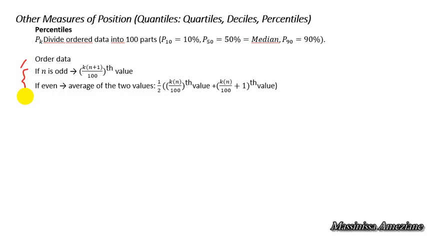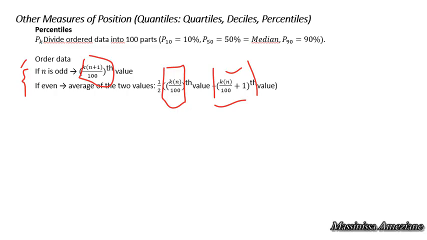If n is odd, the percentile position is k times (n plus 1) divided by 100. And if it is even, the percentile has two different positions. The first one is kn divided by 100, and the second one is the next one, kn divided by 100 plus 1. So this way you can find any percentile.